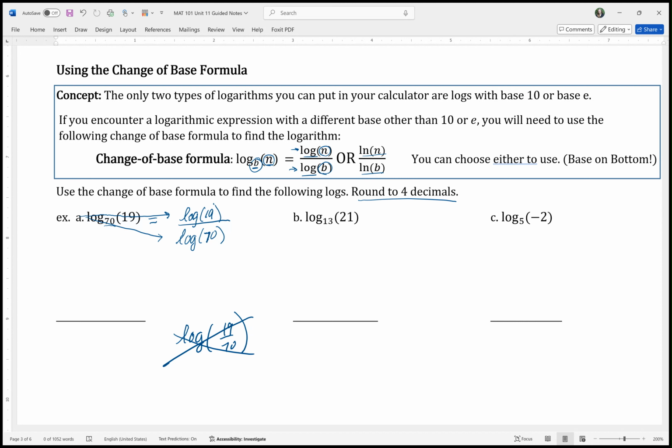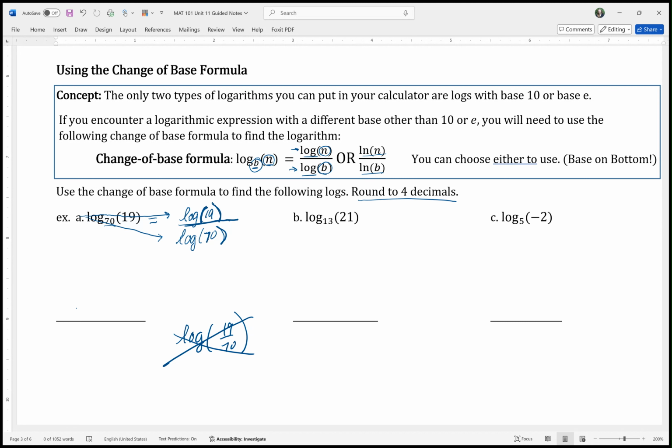So in our calculator, we're using that log button, 19 divided by log of 70. Depending on your calculator, you're likely going to be given a parenthesis, but you need to close out before you do the divide and then close out of that last one and hit enter.